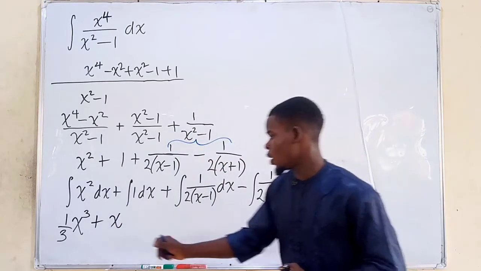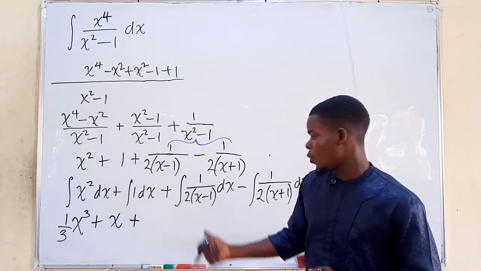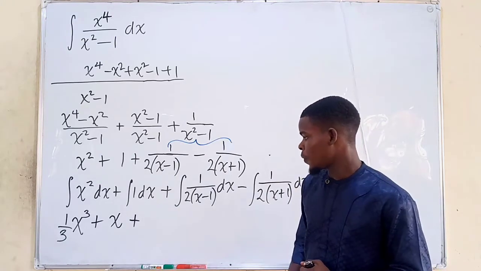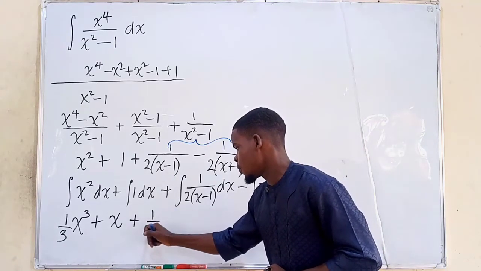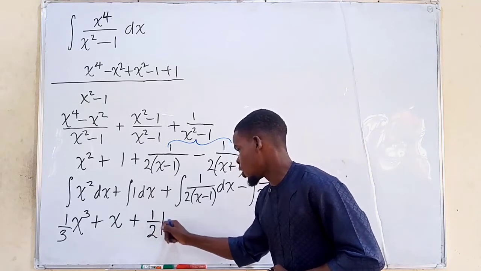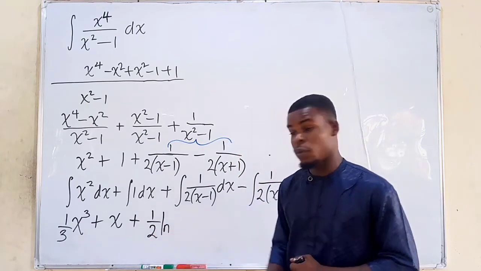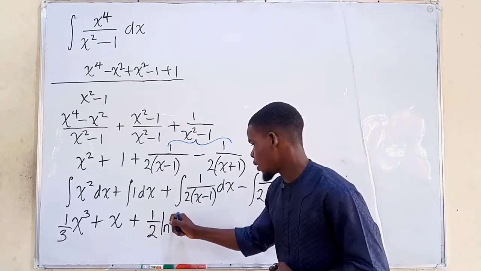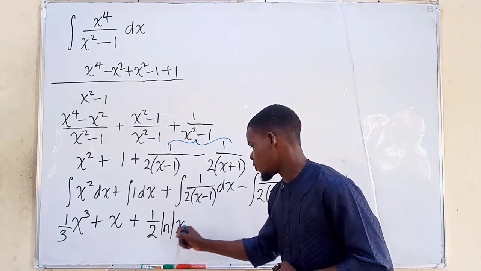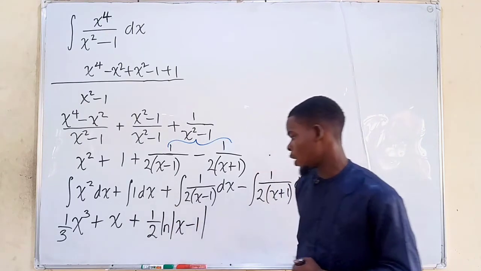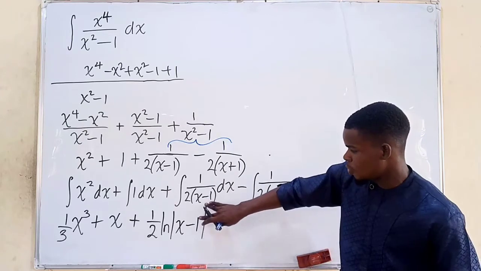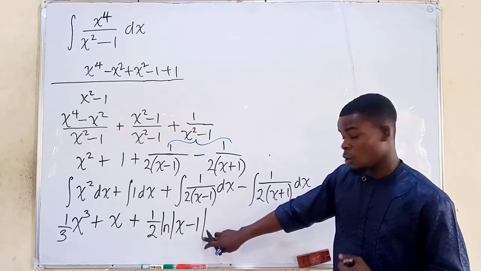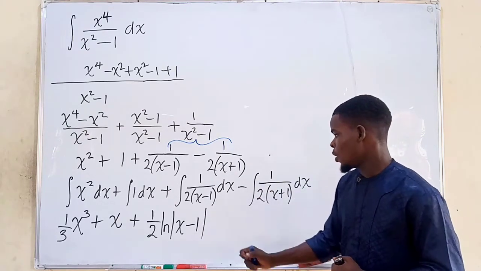And for this one, when we integrate this function, we're just going to have the natural logarithm of the denominator, but I've pulled out the 1/2. So we're going to have 1/2 times the natural logarithm of the absolute value of x minus 1. You put that in absolute value to extend the domain of that antiderivative. Good.